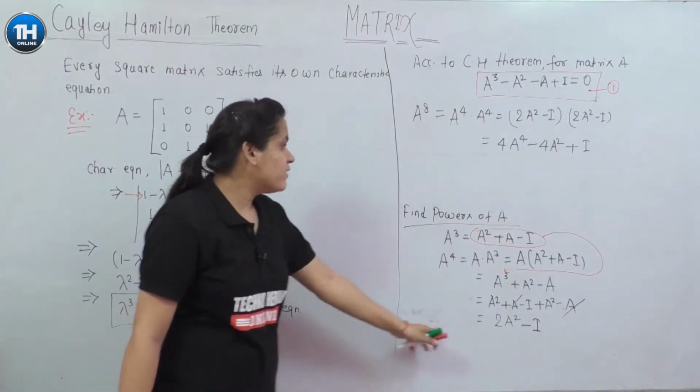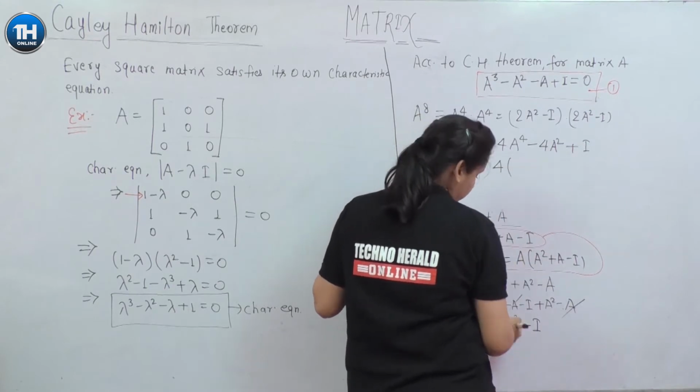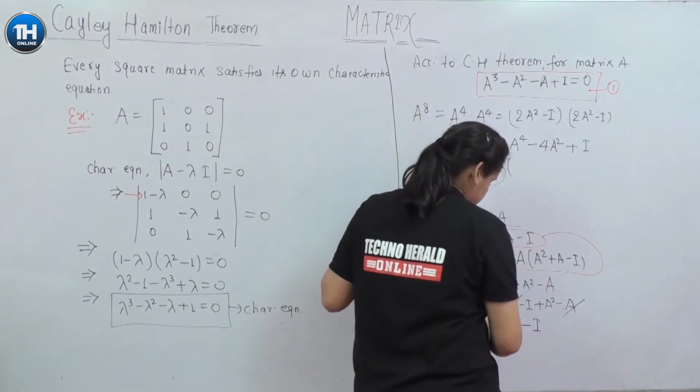Now put the value of A to the power 4 again. So 4 into A to the power 4, put the value of A to the power 4 from here.